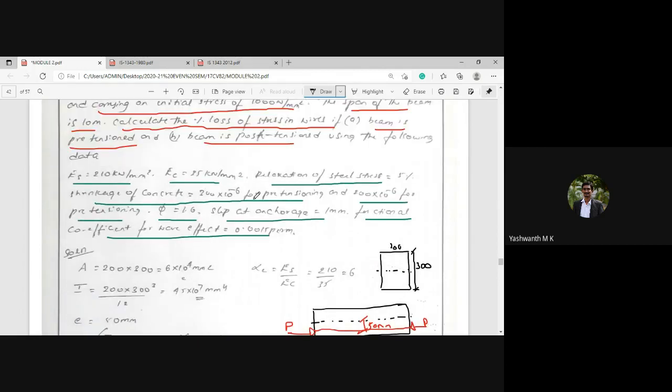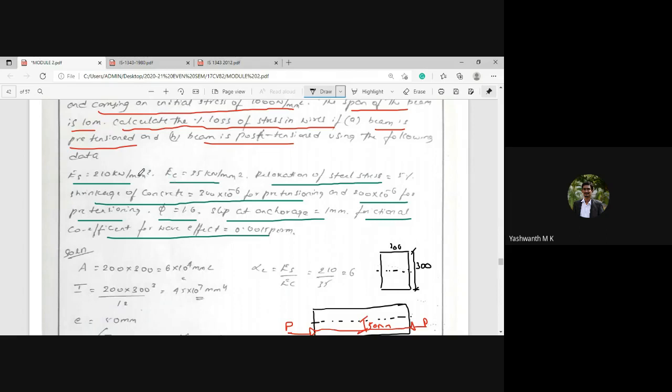And a very important thing you need to note down here is, whatever the modulus of elasticity they have given, please observe the units. The modulus of elasticity of steel is given in kilonewton per millimeter square, and the modulus of elasticity of concrete is also given in kilonewton per millimeter square.